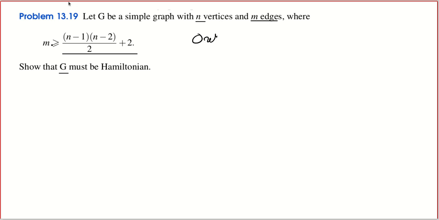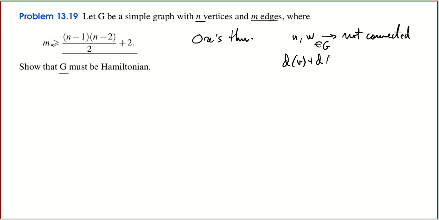And if you remember Ore's theorem, what it says is that if you pick any two vertices in the graph G which are not connected, and the sum of their degrees is at least n, then if we have this situation for every pair of non-connected vertices, then G is Hamiltonian.